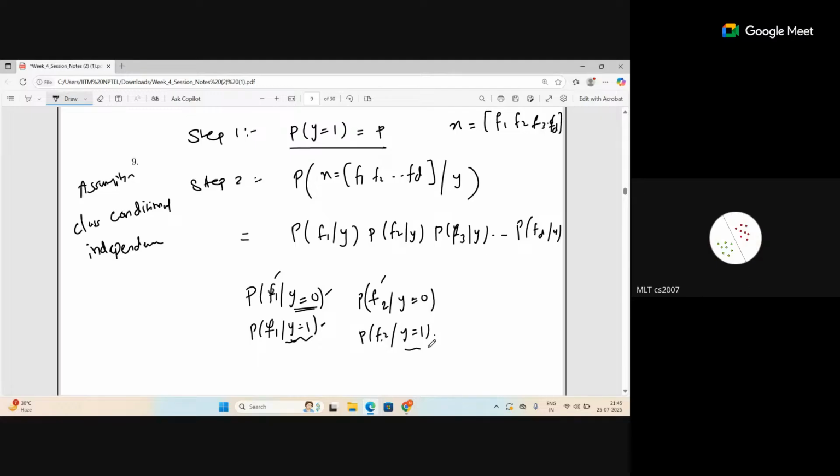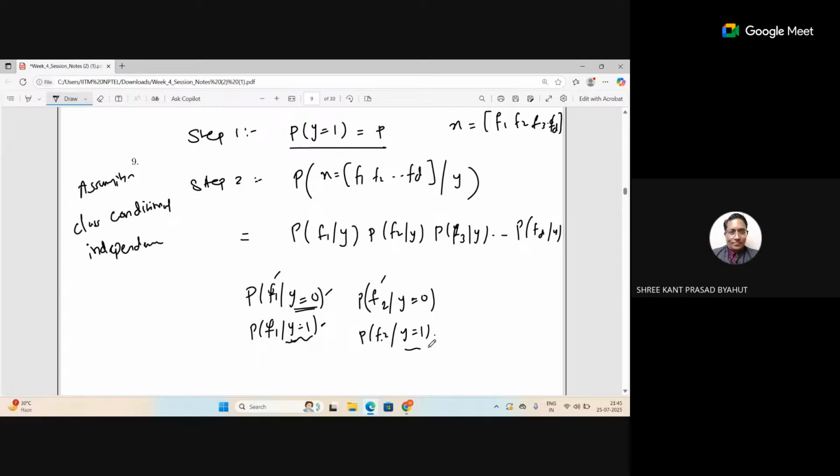These features are conditioned on the basis of a class, right? The independence of these feature variables is based on this class. Given the condition on that class, what I'm saying is that these features are independent of each other.